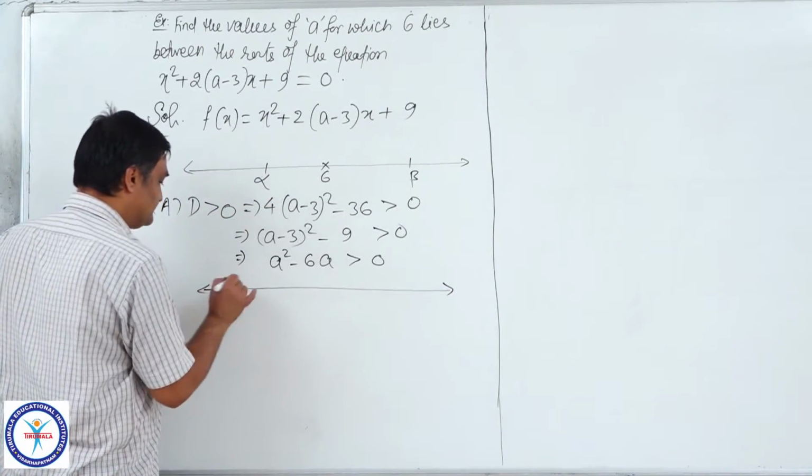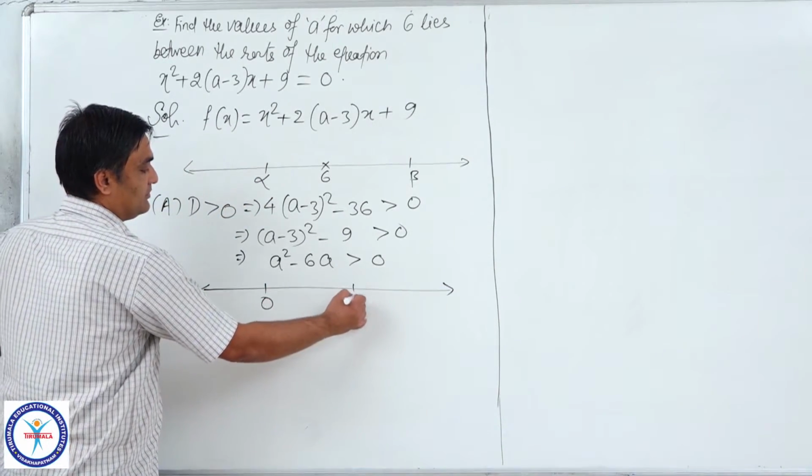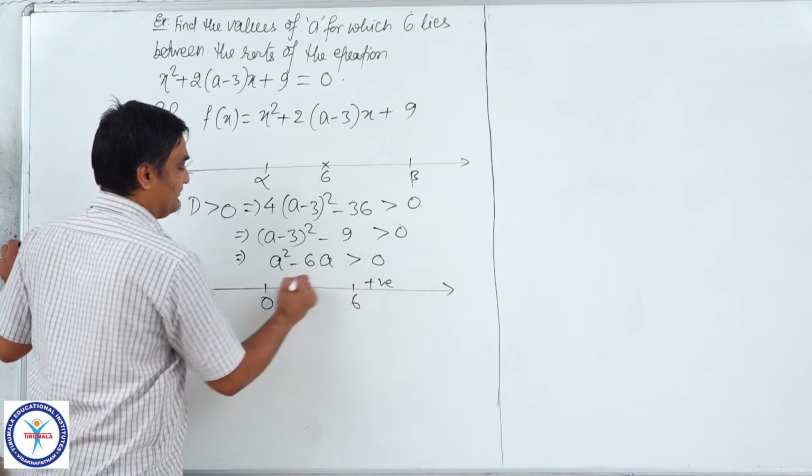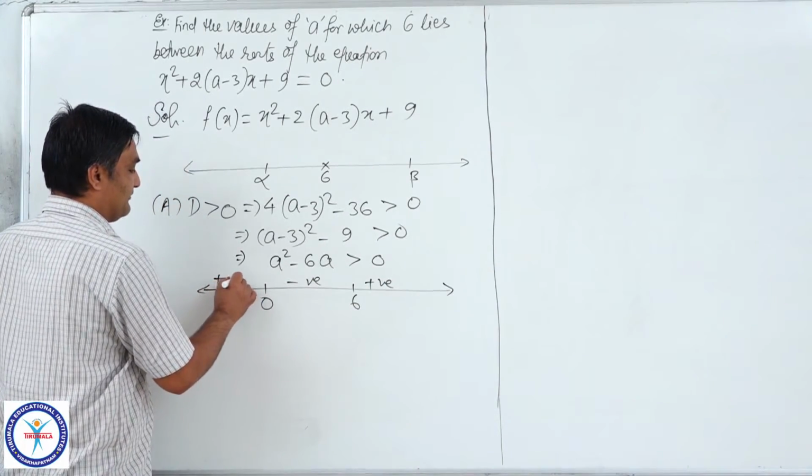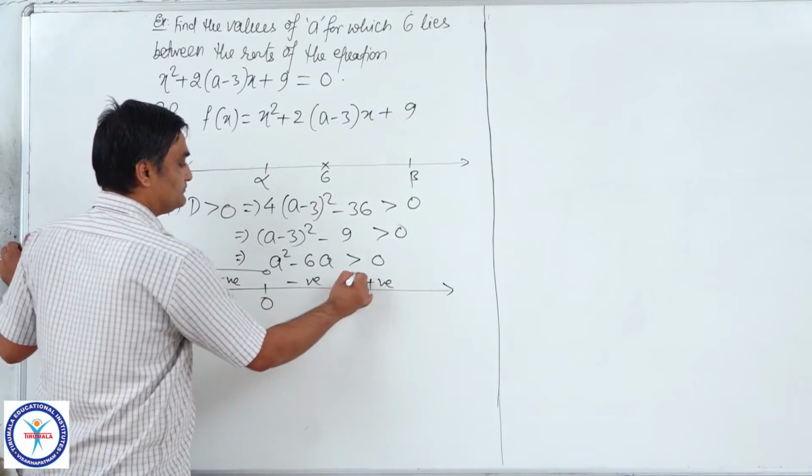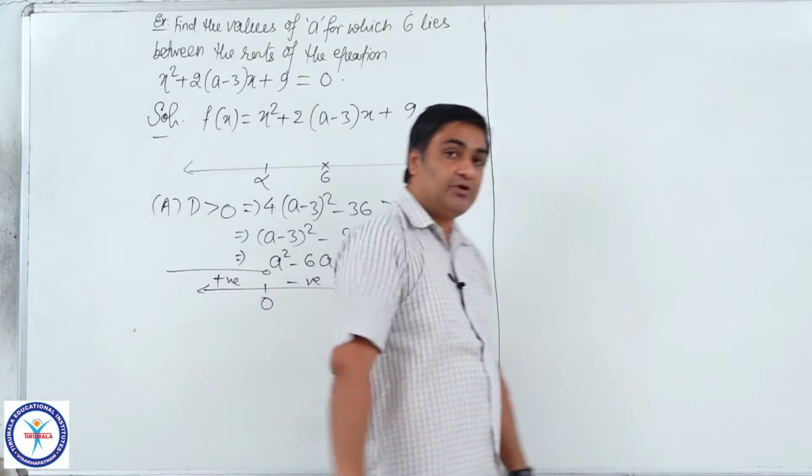Here 0, 6: positive, negative, positive. For greater than 0, this region.